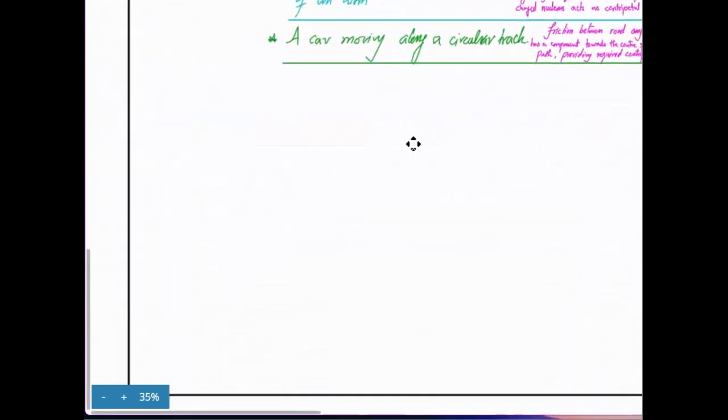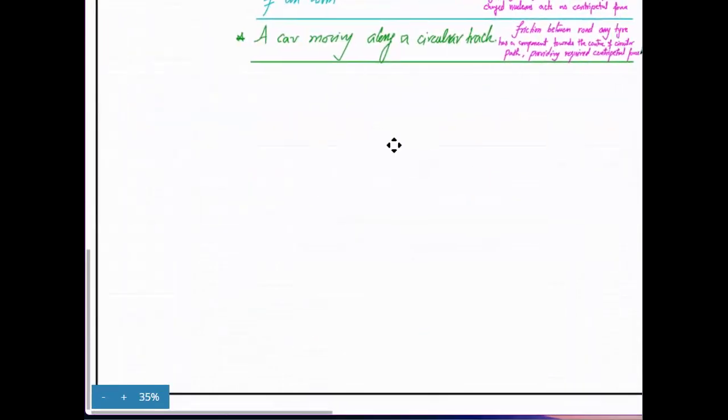Now let's have some mathematical understanding of centripetal force. Centripetal force is directly proportional to the mass of the object.